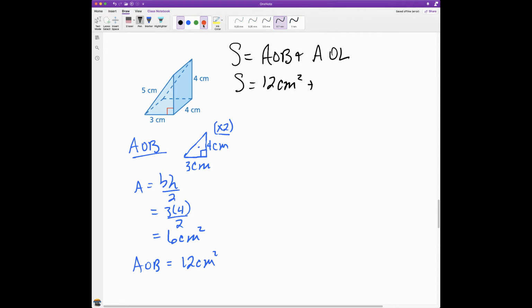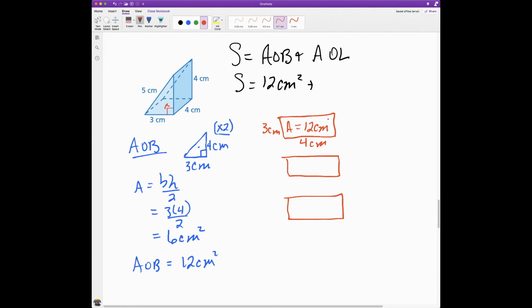All right, for my lateral faces, there are 3 rectangles. 1, 2, and 3. So let's look at the one that's on the bottom, this one first. That one is 3 centimeters by 4 centimeters. So the area is 12 centimeters squared. And I'm trying to find my AOL, area of the lateral faces.